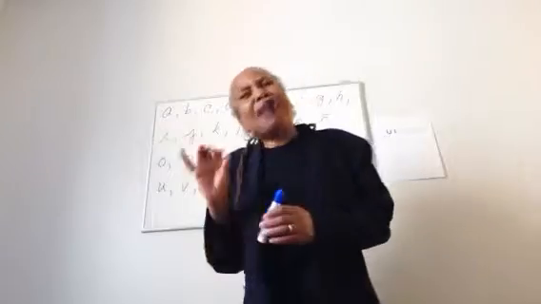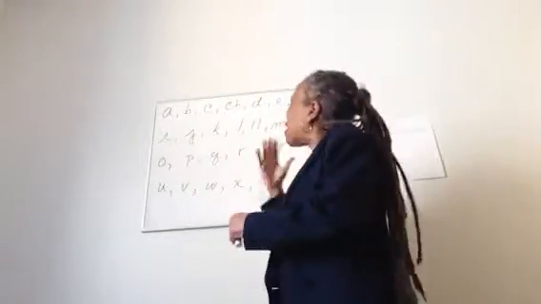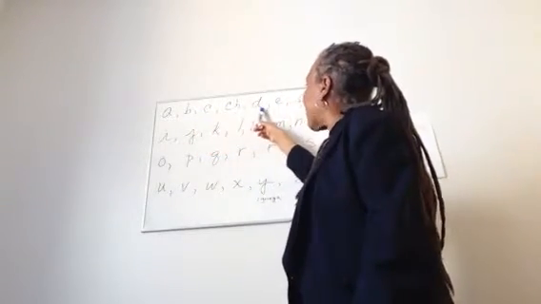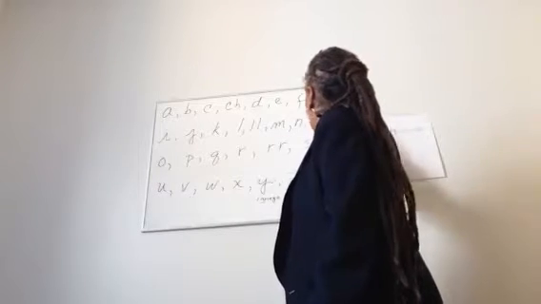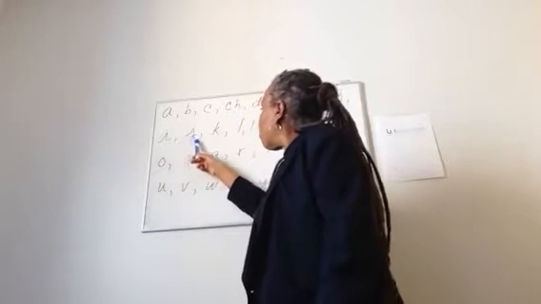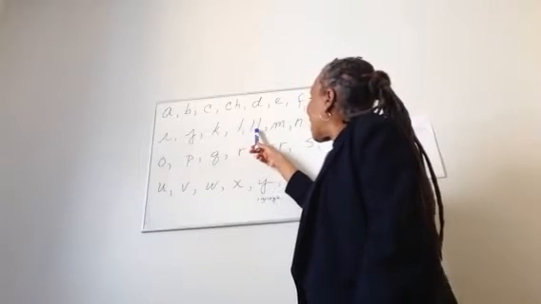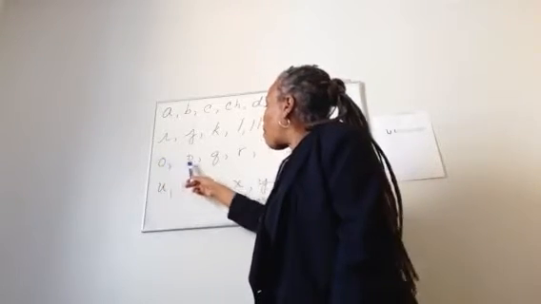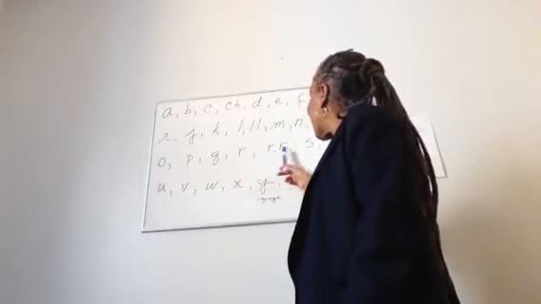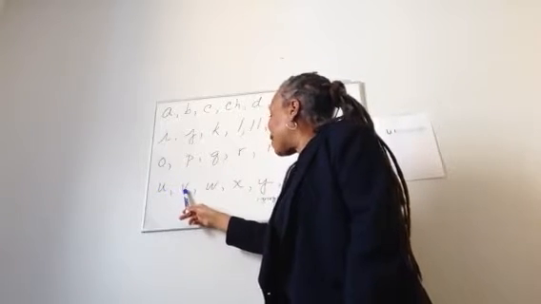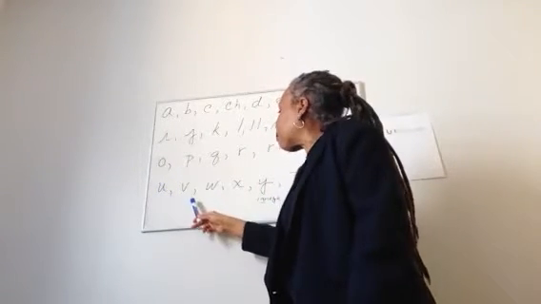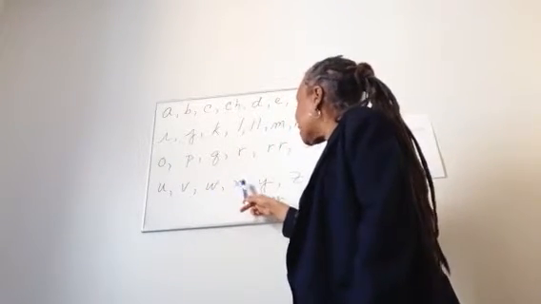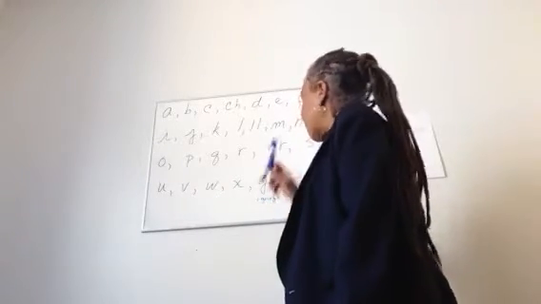Okay, so let's do it again. I think I made a mistake somewhere, so I'm just going to do it straight. A, B, C, Ch, D, E, F, G, H, I, J, K, L, ele, M, N, Ñ, as in niño, O, P, Q, R, S, T, U, B chica, that's B grande up here, W, X, Y, and zeta.